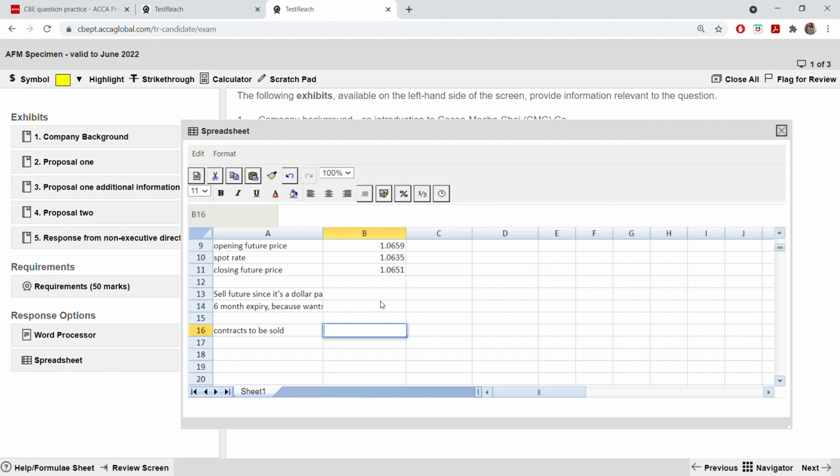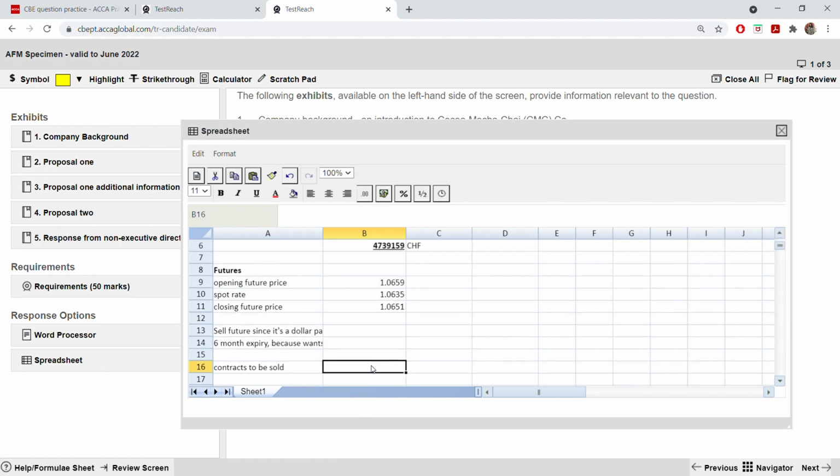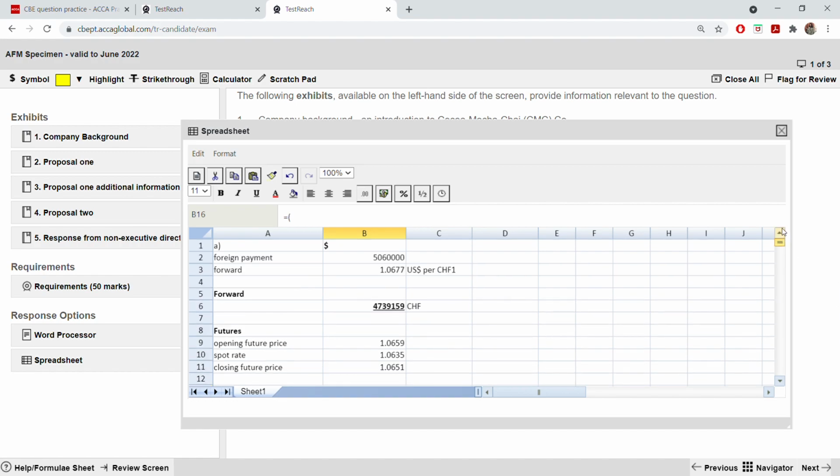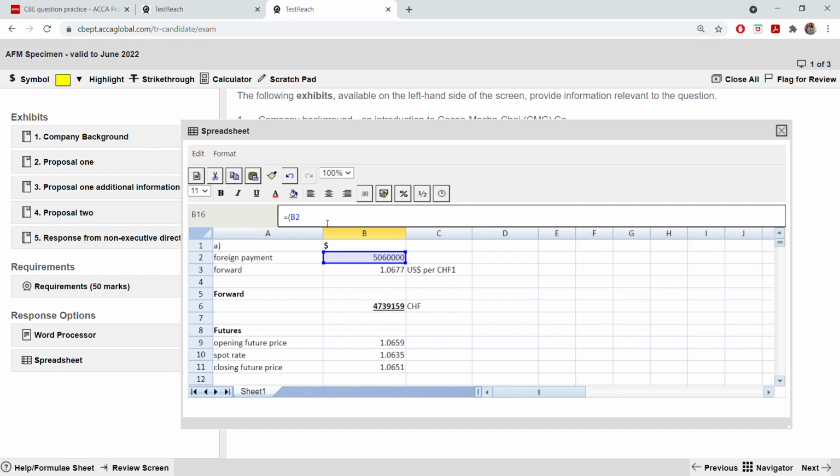So now you know the closing future price. So now using this rate, you can convert your payment. Now you will see the advantage. How are you going to convert? We know that this is the payment. You can write here also rather than going up and down. It's taking so much time, me scrolling up again, going down. Here only you can write. Divide by this rate, closing rate.